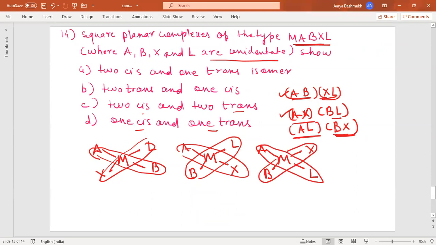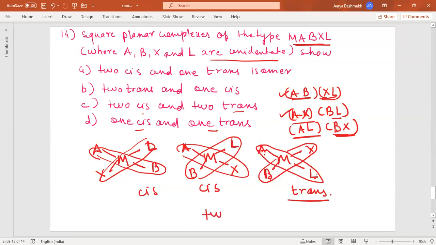Now looking at this, you can see this is AL. These are on the same side, so these two are the cis ones. And the third one, here it is AX and here it is BL, or you can go this way also, AB and XL. Now this is the last one.